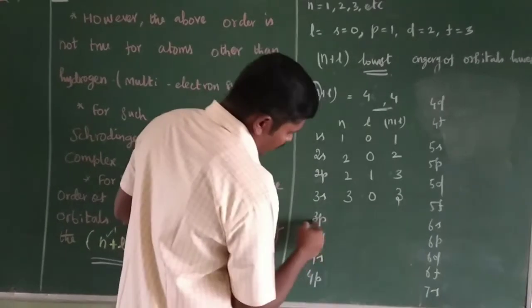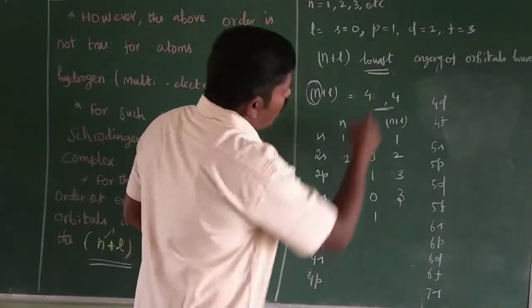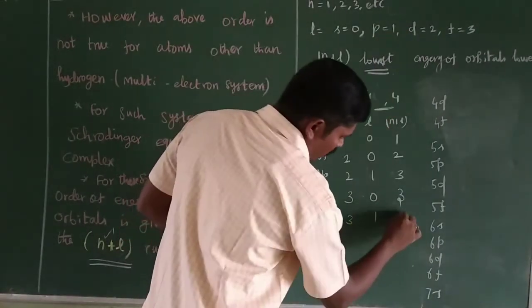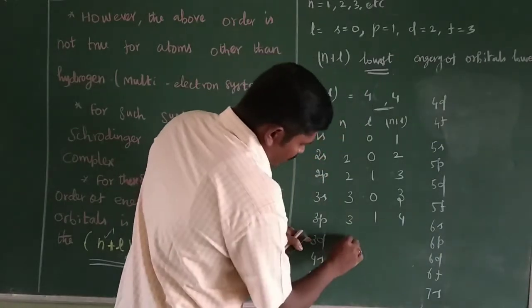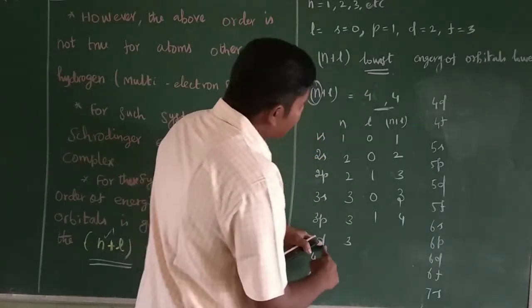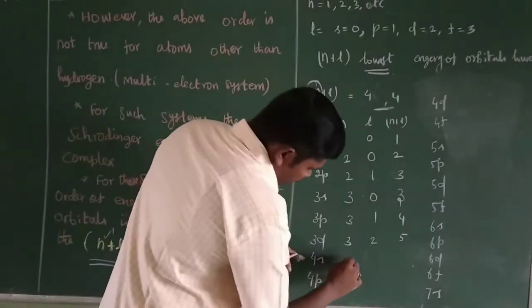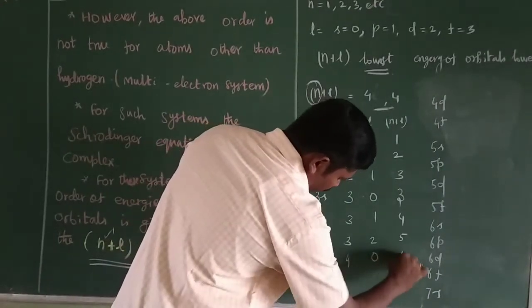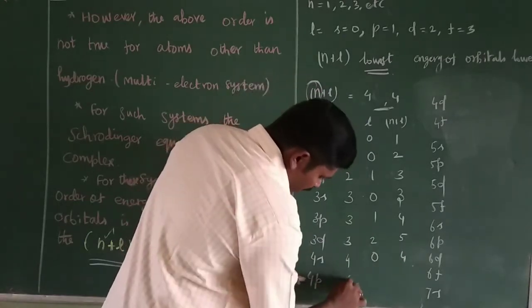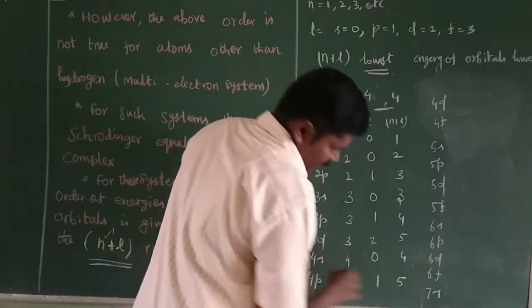For 3p, 3 plus 1 is 4. For 3d, n is 3 and L is 2, so 5. In 4s, 4 plus 0 is 4. In 4p, 4 plus 1 is 5.